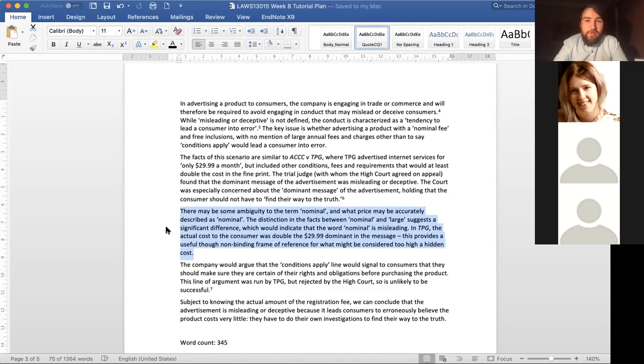One person's nominal is another person's large fee for an internet or another service. So there's perhaps a little bit more room to argue. And so being able to acknowledge that as a potential area of discussion is important, and it could probably be expanded upon a little bit more.